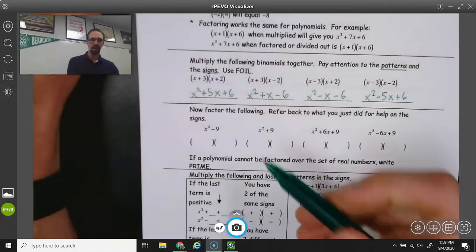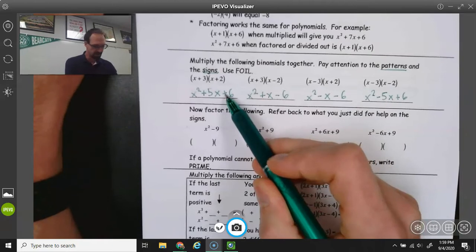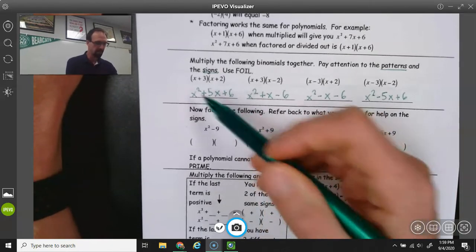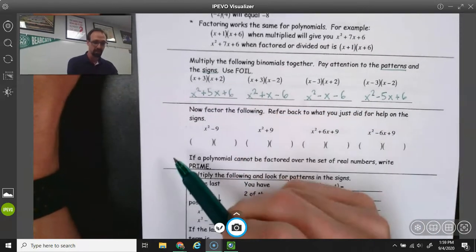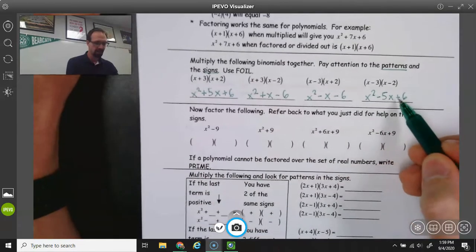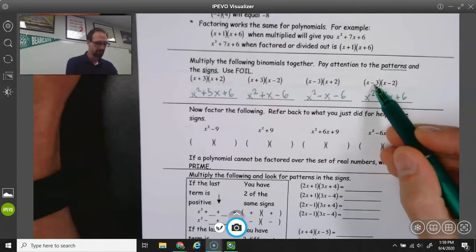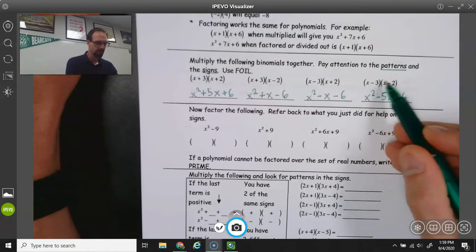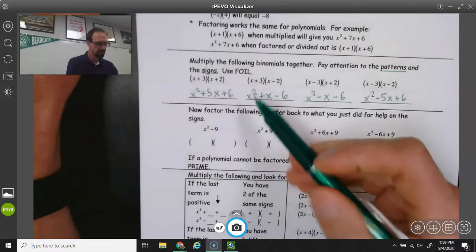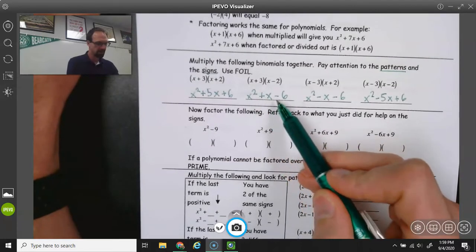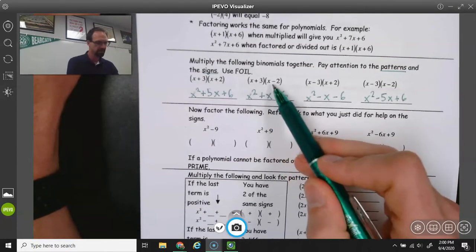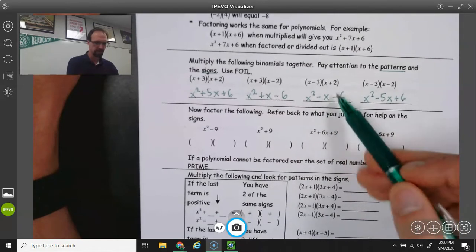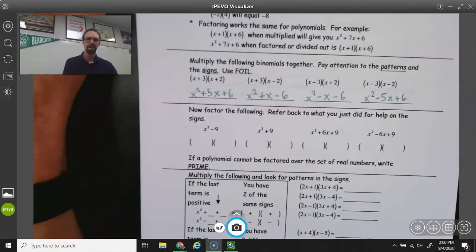So if I start out with a positive, then what I'm going to end up with are two factors that are positive. If I start out with a negative and positive, then what I end up with are two factors that have the minus signs, or that are negative here. And then here, I have a positive and a negative, and a negative and a positive. Oh, that's a little bit weird. We'll have to see that here in a bit.